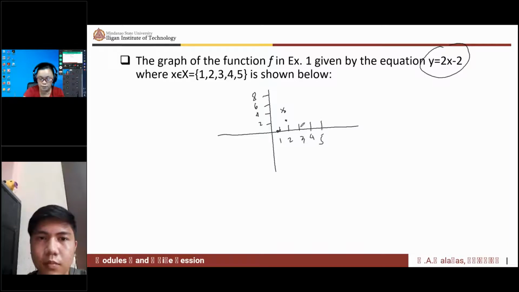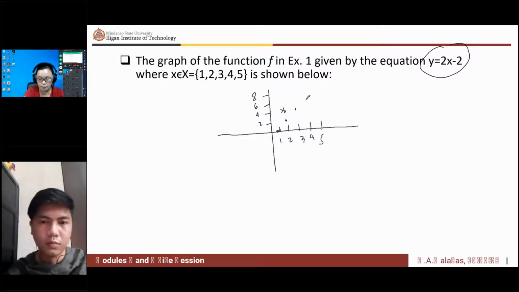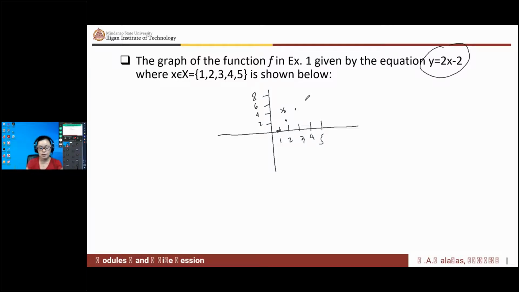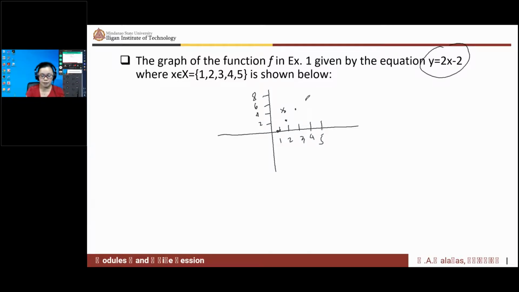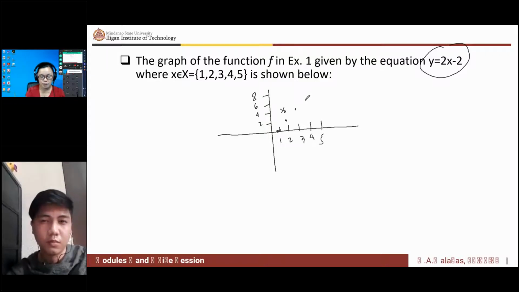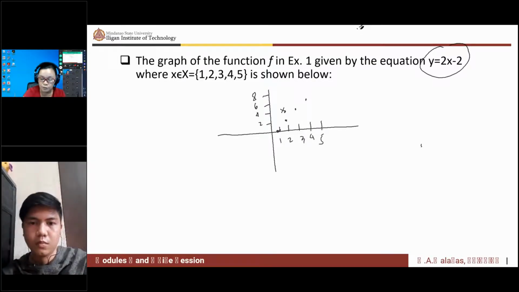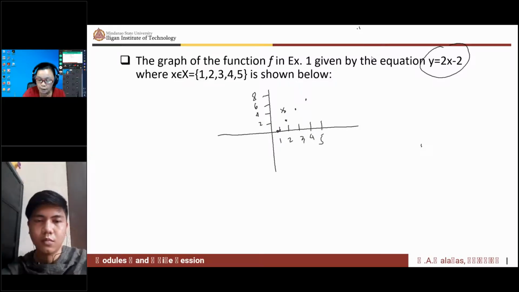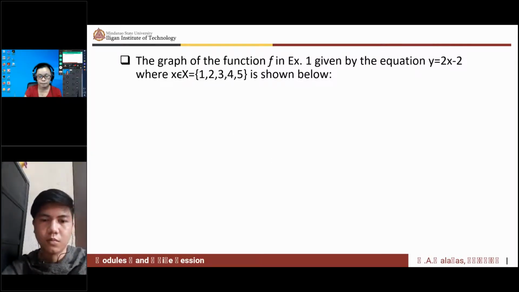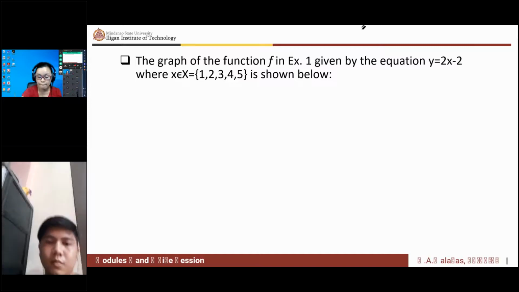When x is 3, y is 4. So actually, the points follow a straight line. When x is 4, that is 6 here. But it's not a line. It's just forming a line because our domain is discrete. It contains only the elements 1, 2, 3, 4, 5. Okay, very easy illustration just for you to easily follow.